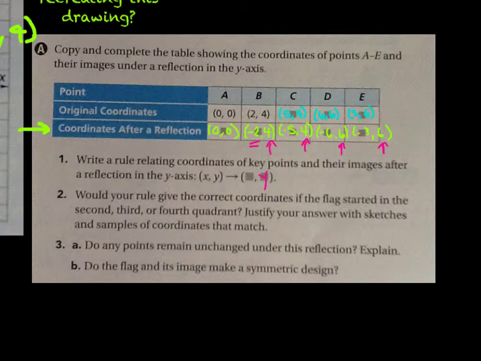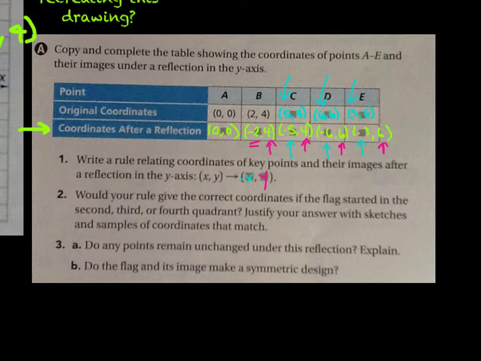So we can just write down our rule as being y. Our x value, however, I notice that from a 5, it's turned into a negative 5. From the 6, it's become a negative 6. Our 3 has become a negative 3. So it looks like our x is not just x, it's a negative x.